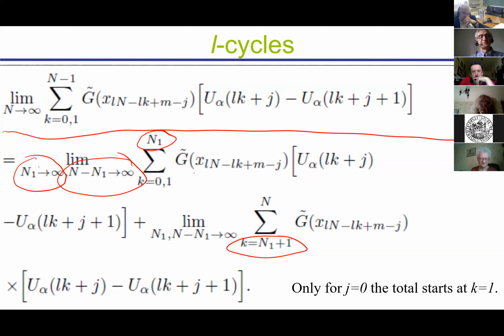Let's see. Here we have differences. It's a convolution, so the maximum here would be n1. So this difference can be quite significant, and the difference of g from its limiting value will be very small.